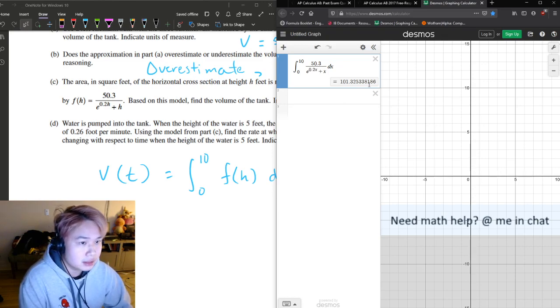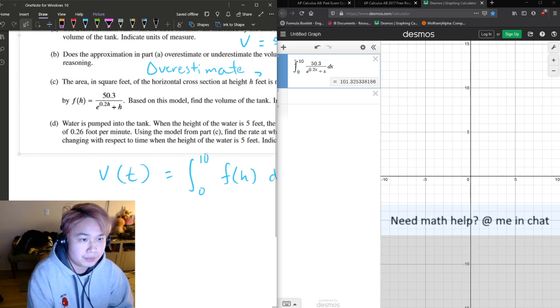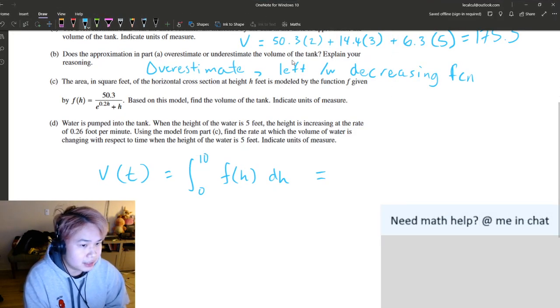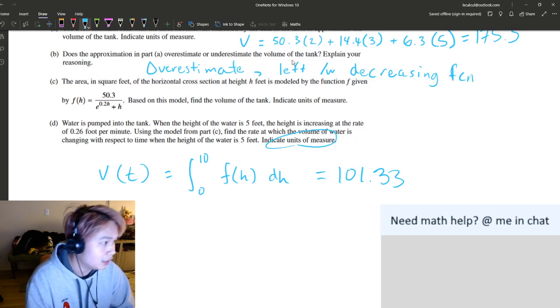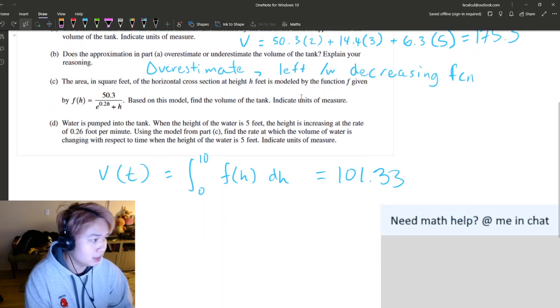So 101 point, I don't know how many decimals we want. Does it say? It doesn't matter. So 101.33. And then indicate units. I'm not going to do that today. So that looks good, and we're done with this question.